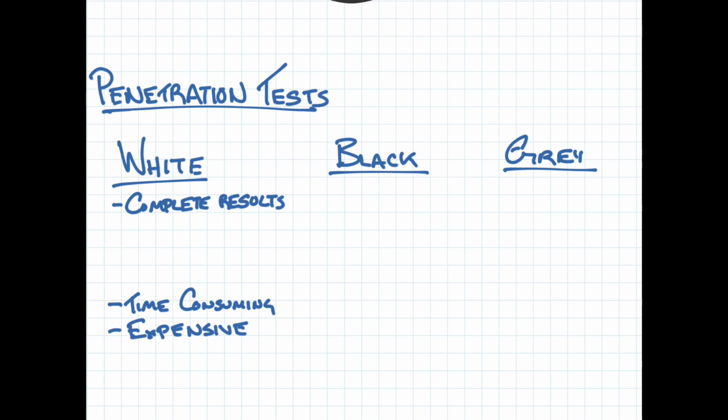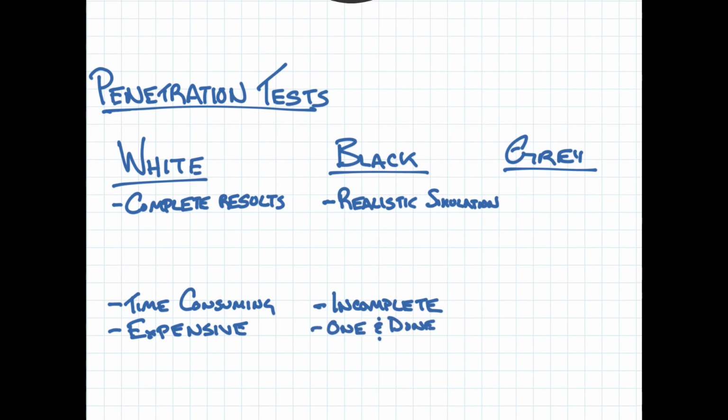If we want to test our response as defenders, we'd be more likely to go with a black box penetration test because it's a more realistic simulation. The downside of the black box test is it will be incomplete and it has a one and done tendency.